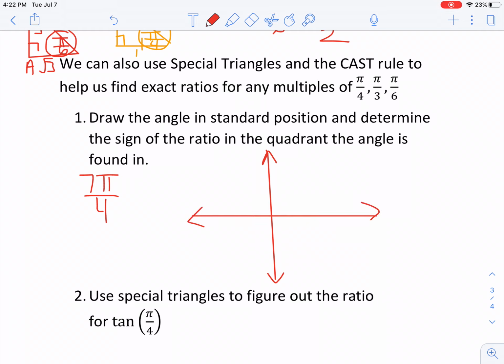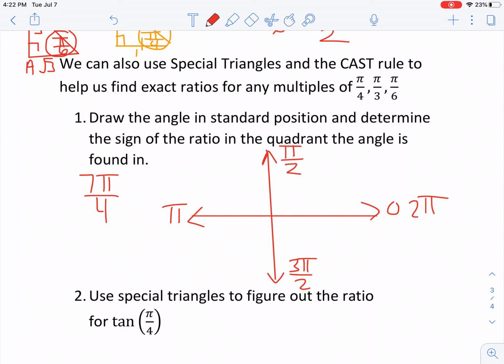because remember on your angle in standard position diagram, you're starting at 0 and you're rotating up through, this is pi by 2 or 90 degrees, this is pi, half a rotation, this is 1.5 pi and 2 pi, and it goes on forever around like that, with the angle in standard position starting at the positive x-axis and rotating any number of times that you want.